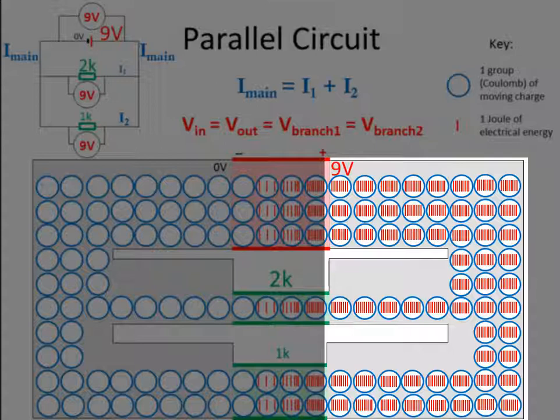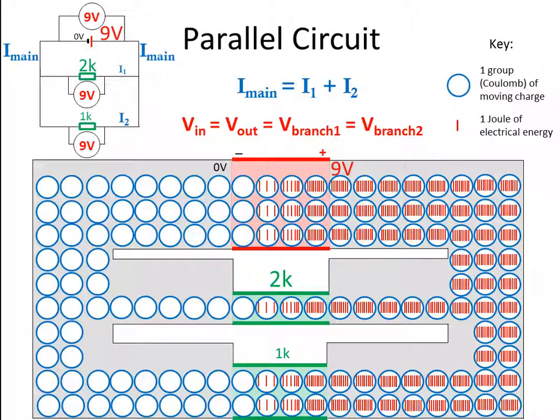They all still have a potential of 9 volt. They are all at the same potential. All points joined by good conductors are at the same potential, because a good conductor cannot take away the energy from the coulombs. So a good conductor cannot change the potential of the charges. So all of these points are at 9 volt potential.